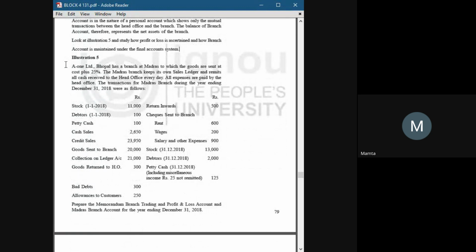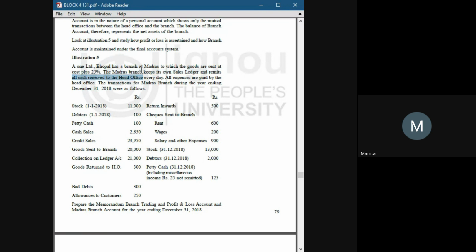Okay, illustration number 5. A1 Limited, Bhopal has a branch at Madras to which the goods are sent at cost plus 25%. The Madras branch keeps its own sales ledger and remits all cash received to the head office.